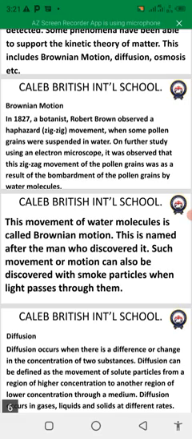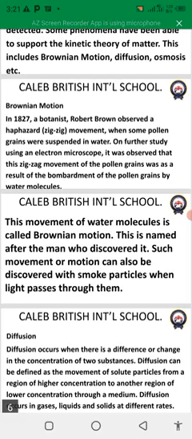On further study using an electron microscope, it was observed that this zigzag movement of the pollen grain was as a result of the bombardment of the pollen grains by the molecules of the water.